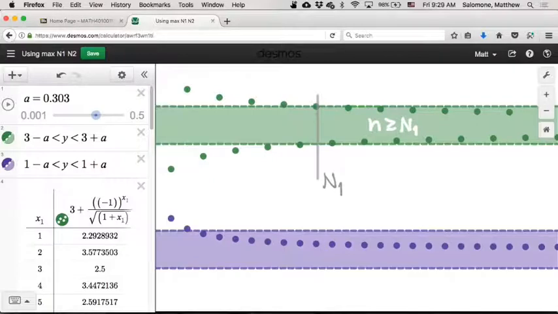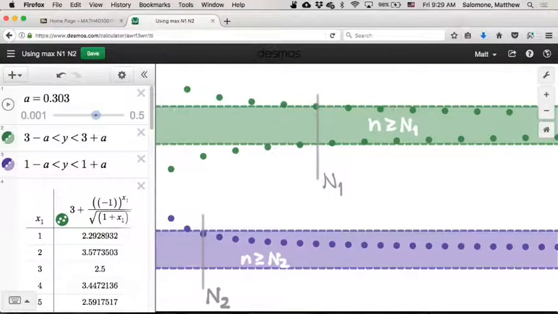Meanwhile, our N2, which is given to us by convergence of the other sequence, looks considerably different. For all n's greater than or equal to N2, that sequence gets within epsilon of its limit.